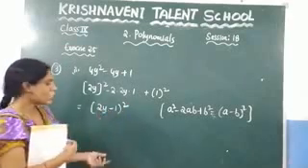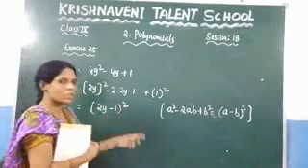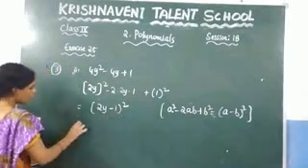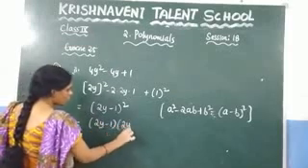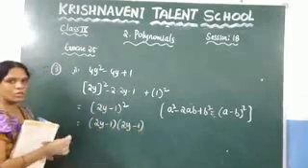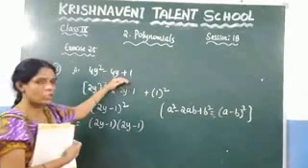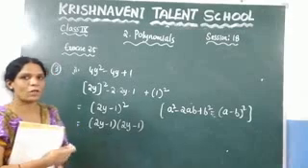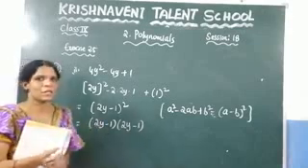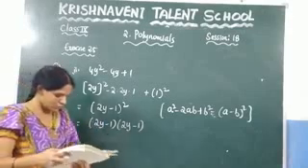So you need to write the product of (2y minus 1) 2 times, which is equal to (2y minus 1) into (2y minus 1). So we have written this polynomial as a product of two linear polynomials by using the identities. Now see the next question.